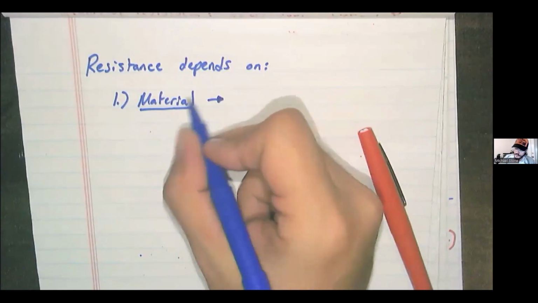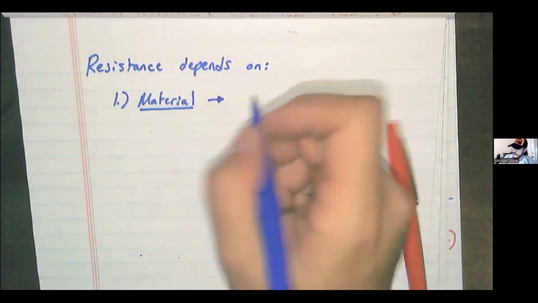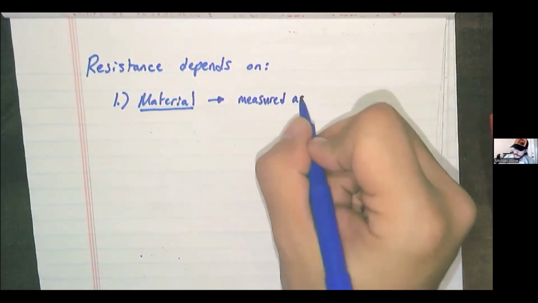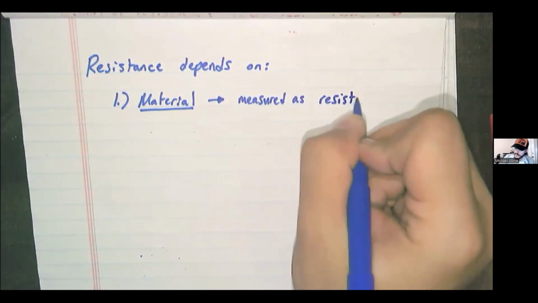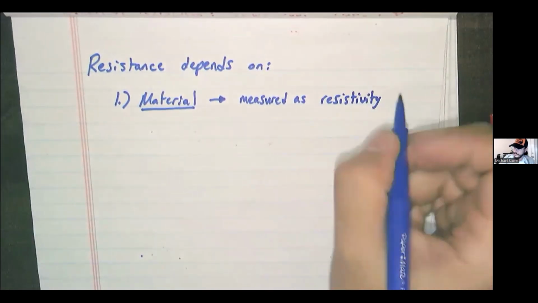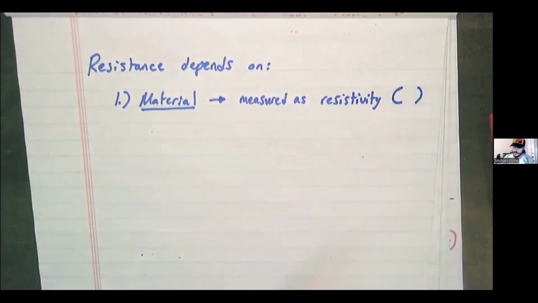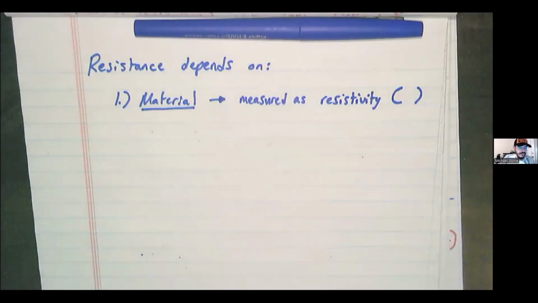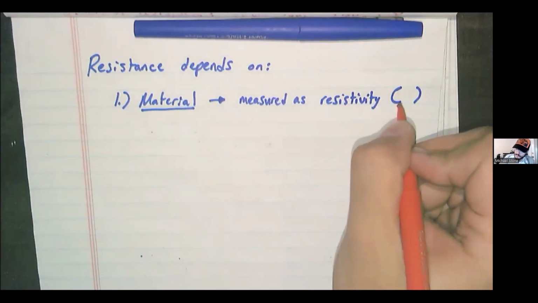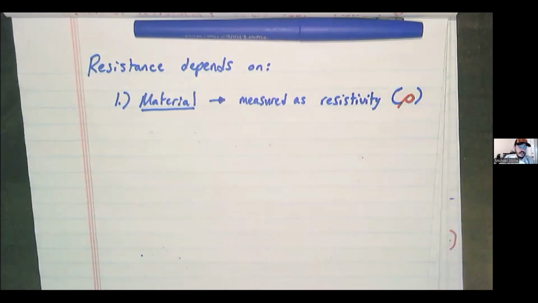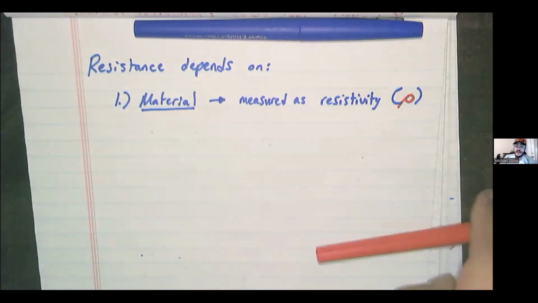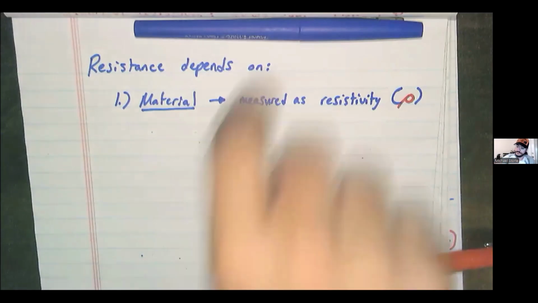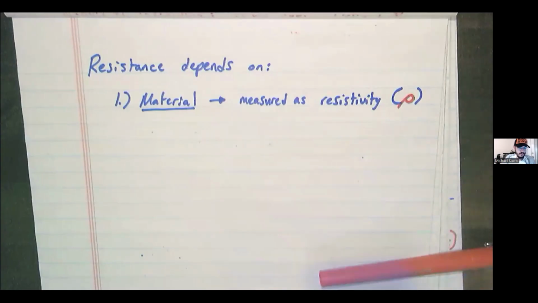And the resistance effect of the material is measured, at least in our class, as resistivity. Resistivity gets the symbol that makes the sound R in the Greek alphabet, a nice lowercase rho. If you're thinking, why is it not capitalized? Because if it was capitalized, it would just be a P. Isn't that just P? No, it's curvy. Duh.